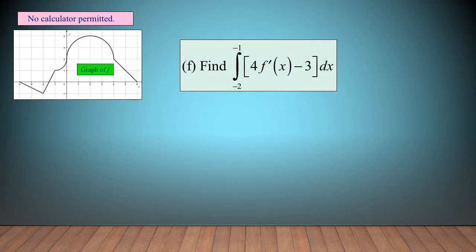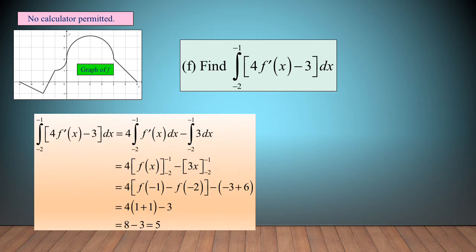In F, we are asked to find the integral from -2 to -1 of 4f prime of x minus 3 dx. To solve this, we utilize the fact that the integral from -2 to -1 of 4f prime of x minus 3 dx can be split into two integrals: 4 times the integral from -2 to -1 of f prime of x dx minus the integral from -2 to -1 of 3 dx.